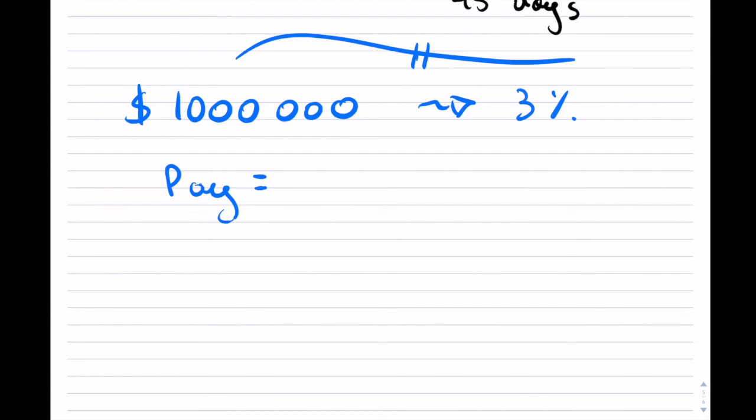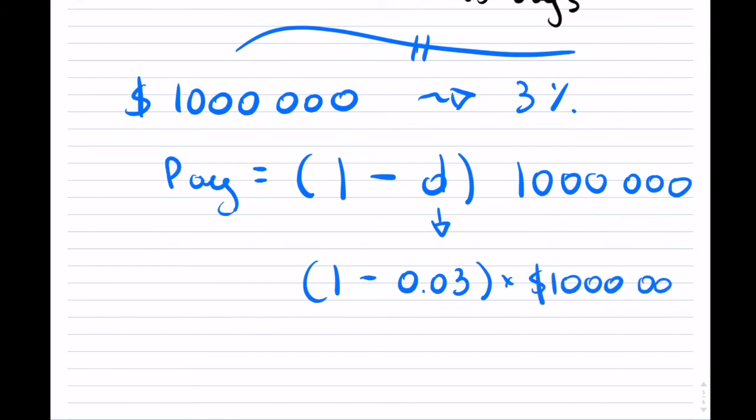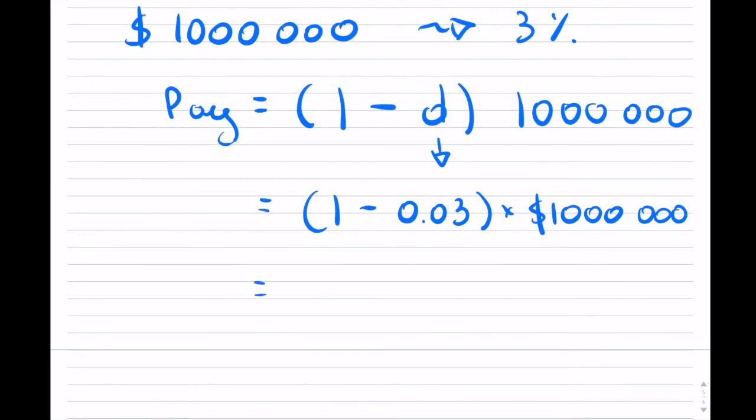And you can take a look at the trade discount video, and you will notice that, so in order to do that, it is just 1 minus the discount, okay, in this case, times our invoice price, so this is 3%, so it's 1 minus 3% as a decimal, times our $1 million, and that is what our payment would be. So in this case, $970,000, okay, because we got a discount of 3%. And if we didn't take advantage of the cash discount, then we have to pay $1 million.